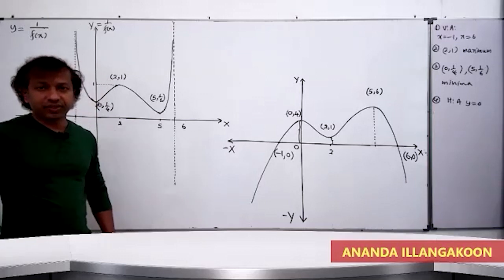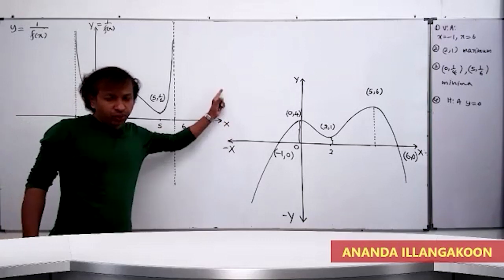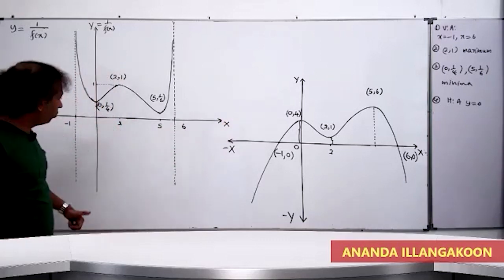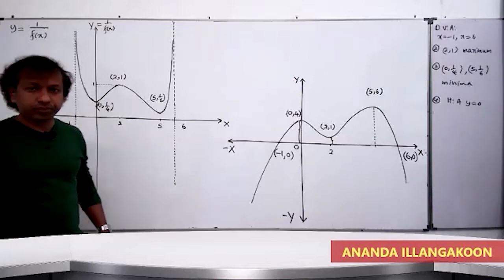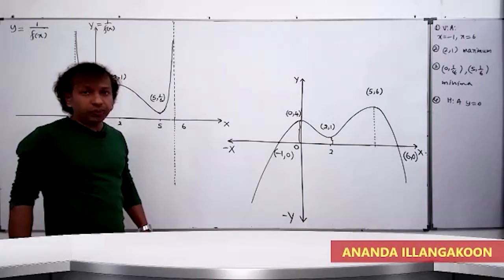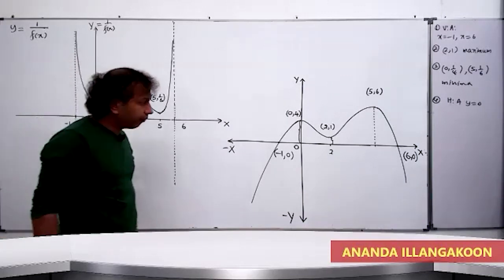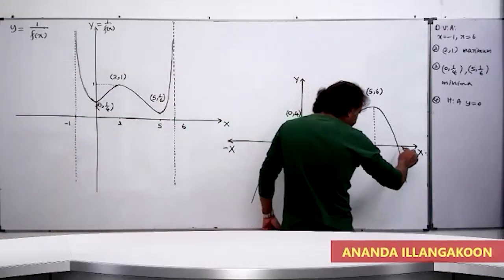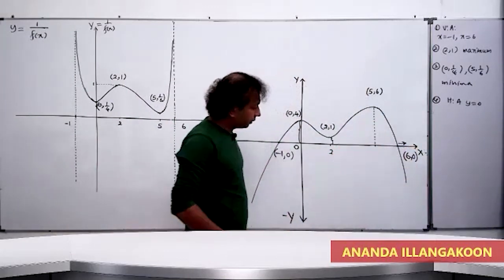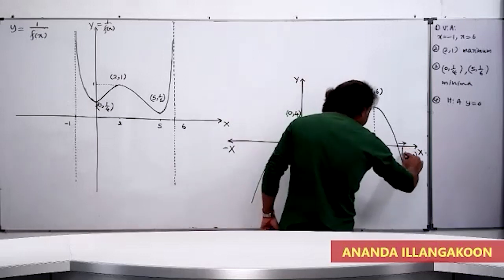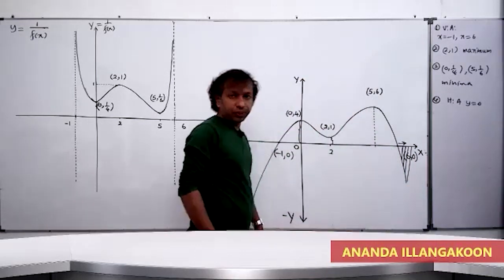How to sketch that? We know what, people? As we move along the x-axis to the right, y coordinate coming to 0. As we move in the negative infinity direction along the x-axis, y coordinate going to 0. Right. Now, the way of drawing this, see like this, people. On the right of 6, the y coordinate here is negative.